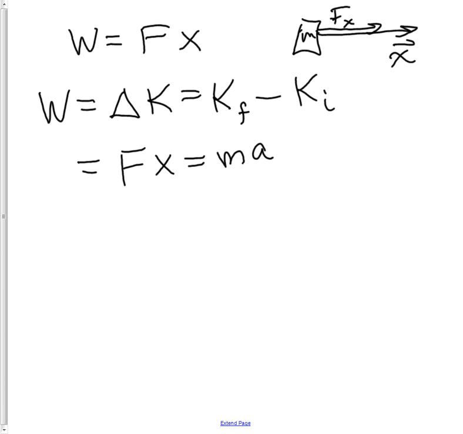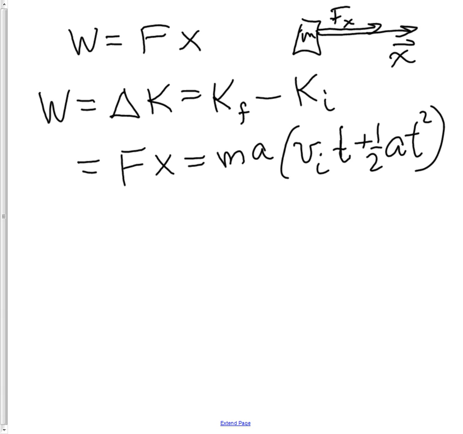So F is ma. And x, well, what is x? x naught, I said I'm going to call that 0, plus the initial velocity v sub i times t, plus 1/2 times the acceleration times t squared.